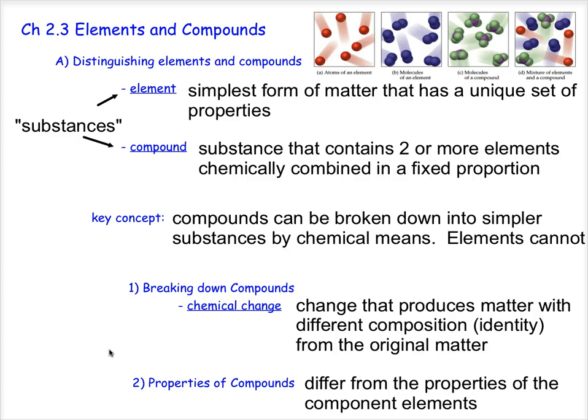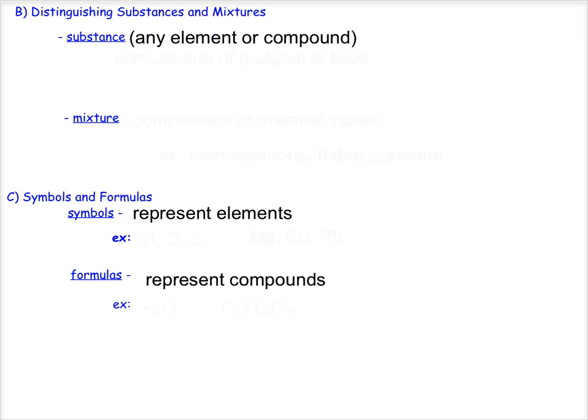Properties of compounds will differ from the properties of the component elements. So, for example, water is H2O. That's two hydrogens and one oxygen. The properties of hydrogen and oxygen separately are very different than the properties of water. Distinguishing substances from mixtures.